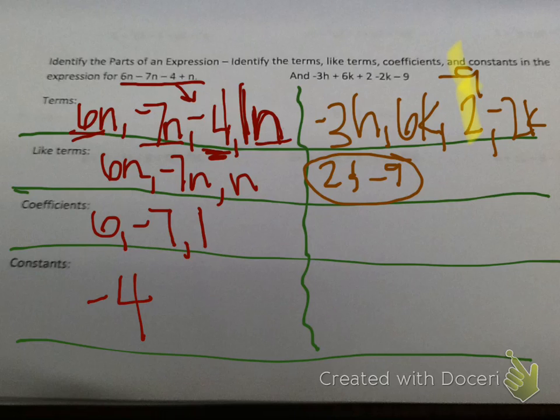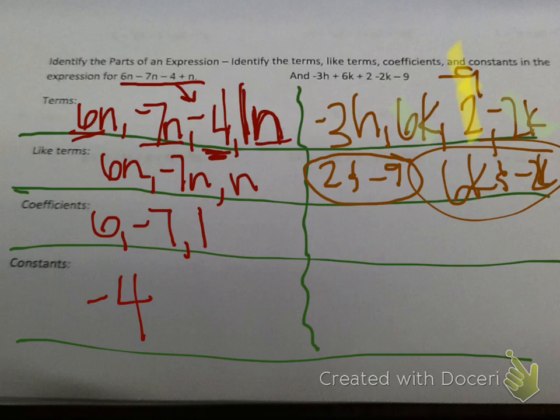That would be one set of like terms, but there's another set of like terms. And we have k's and k's. So for the k's and k's, we would do another grouping. So 6k and negative 2k would also be a set of like terms. There would be two sets of like terms.